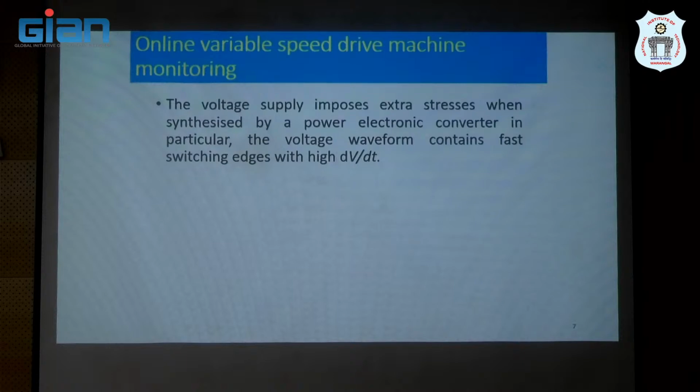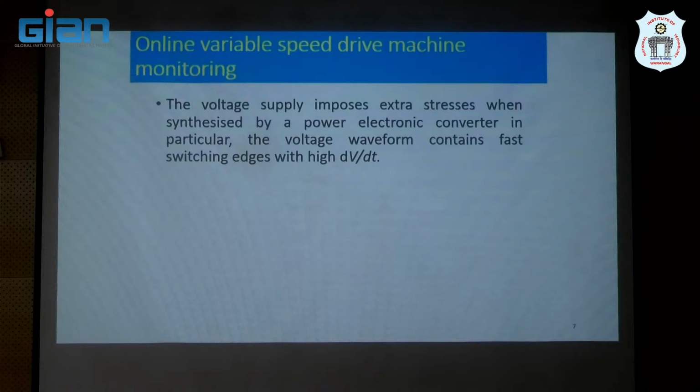This creates stress in the insulation, and thermal stress also comes into the picture. This makes the insulation deteriorate.